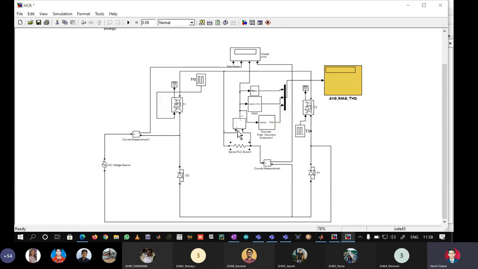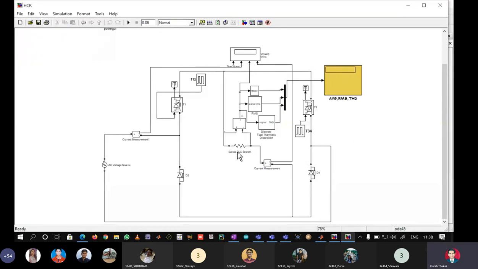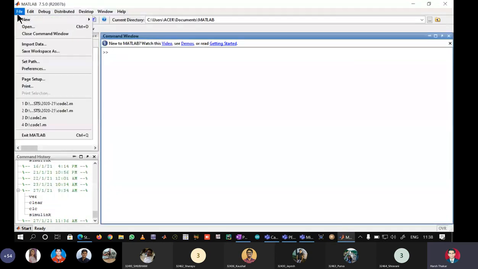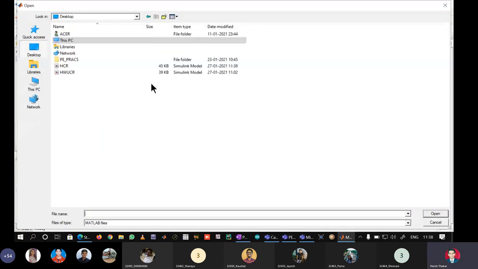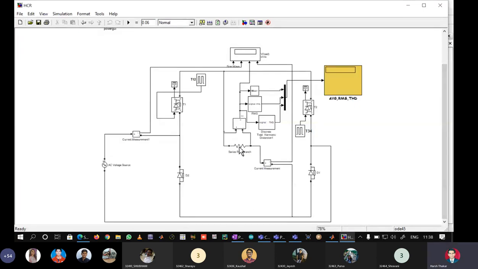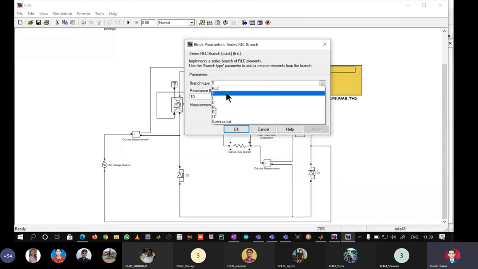So if I double click this, okay, so I select R, it is showing like this.